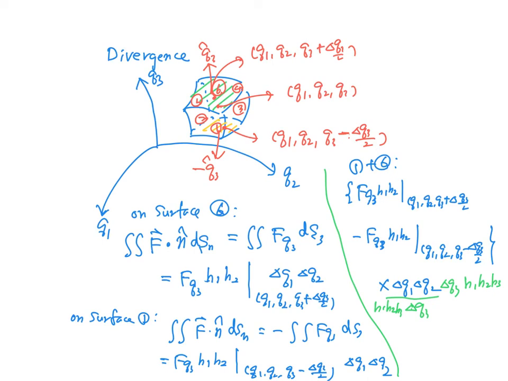Then, can I move on to the next page, or maybe you still need time to copy? So I divide by this, multiply by this, and this becomes part of the divergence formula.